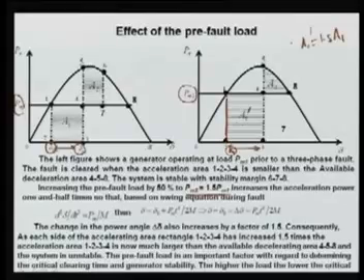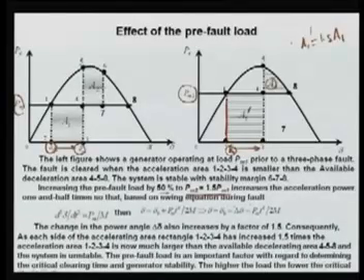So this area is increased, and at the same time area 2 is decreased, meaning this area is now smaller. So again we can see that increasing the pre-fault load by 50% increases the accelerating power Pm2 by 1.5 times.